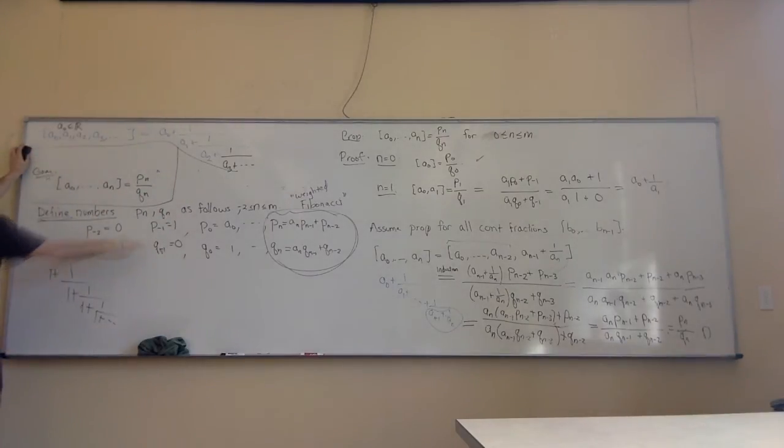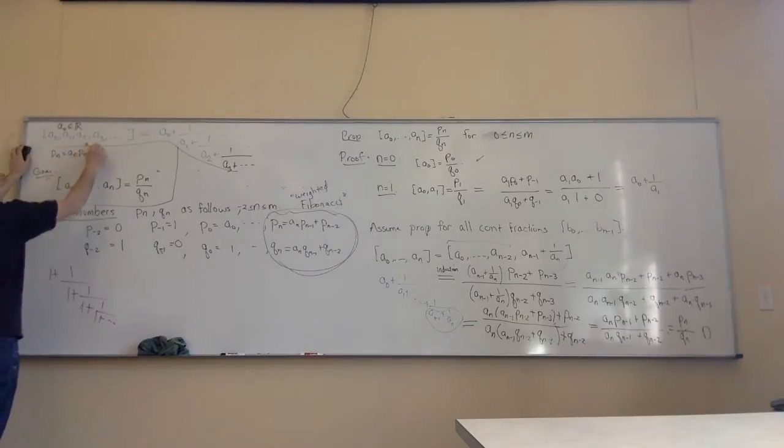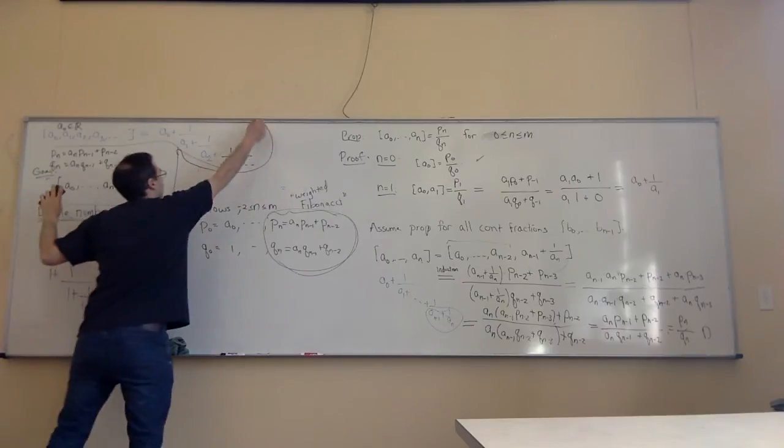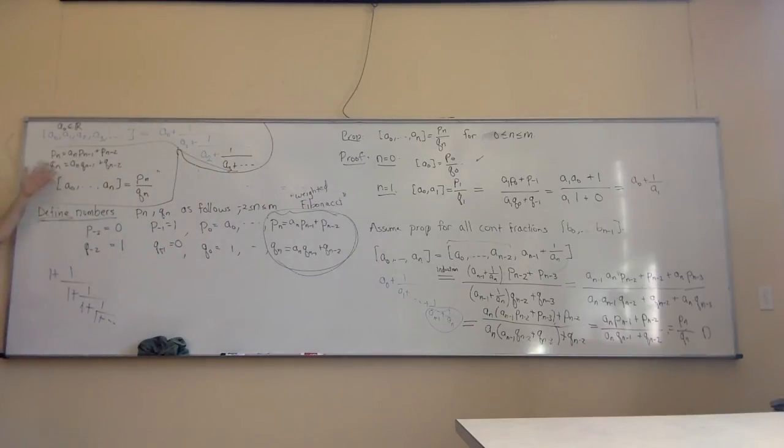So Pn is An Pn minus 1 plus Pn minus 2, Qn is An Qn minus 1 plus Qn minus 2, and you have this. So there you go.